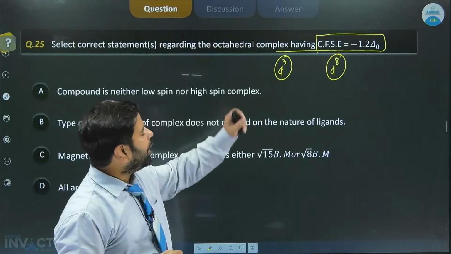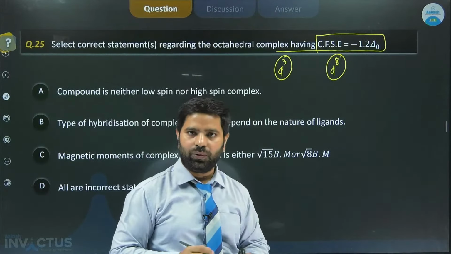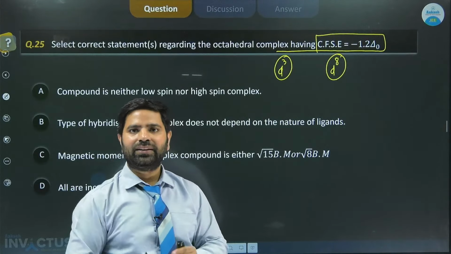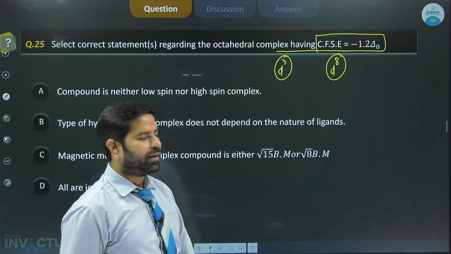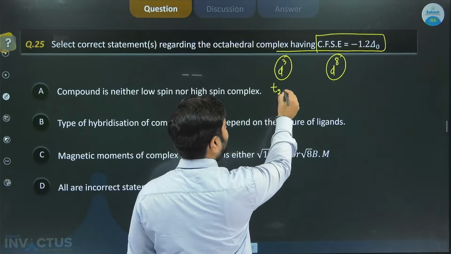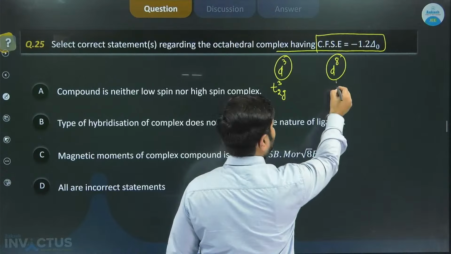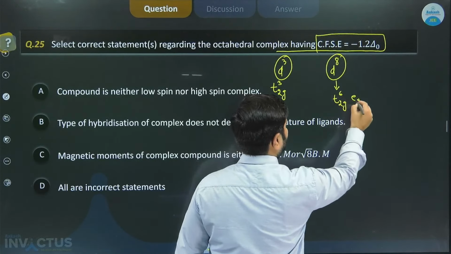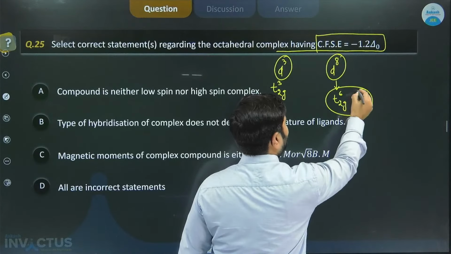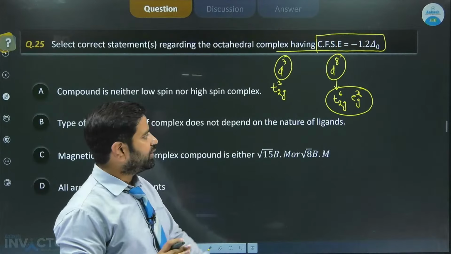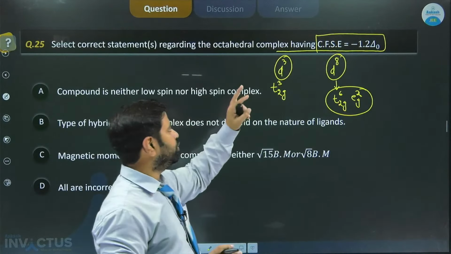Let me tell you how to calculate the CFSE value for d3 and d8. For other configurations you can use the same concept. d3 is t2g3, and d8 is t2g6 eg2, irrespective of the nature of the ligand.